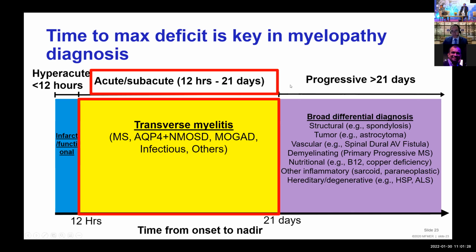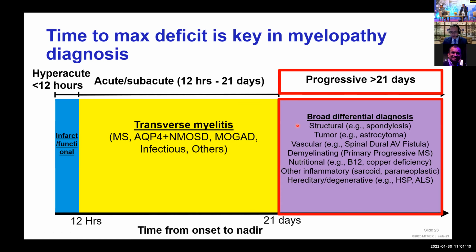So if you have a patient progressing beyond 30 days, then you really want to think away from a diagnosis of transverse myelitis and into a broader differential diagnosis, many of the conditions that are outlined here.